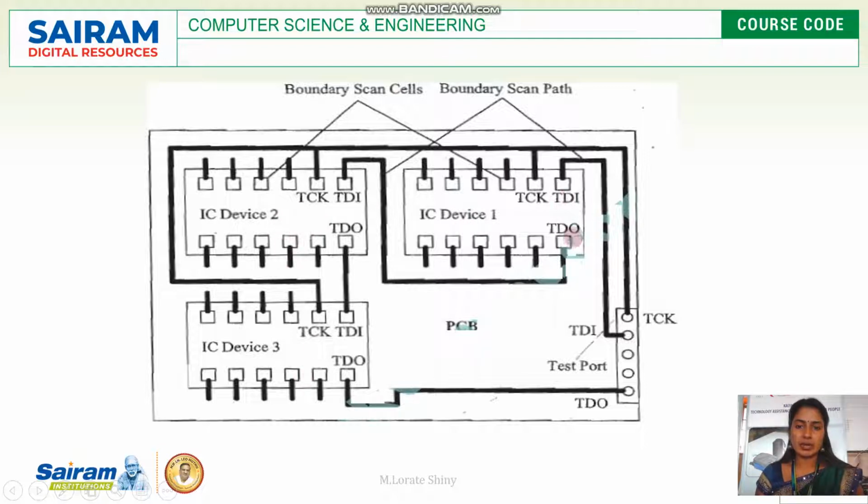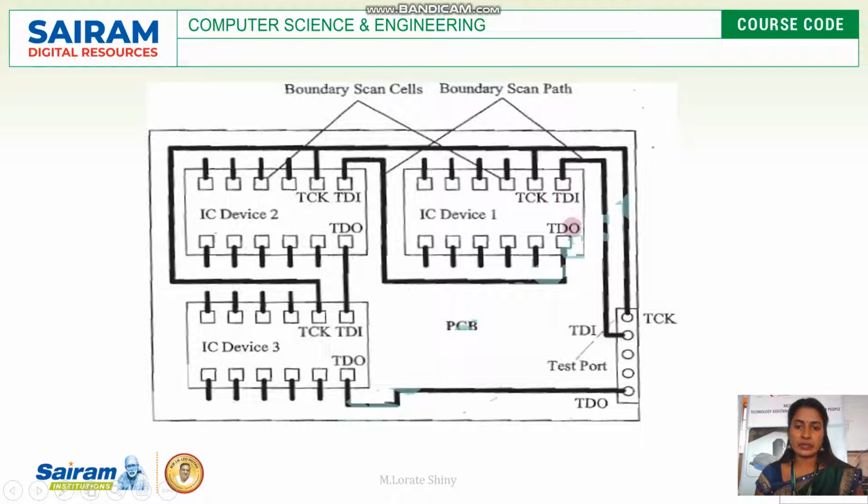As I said, all the devices will have all the 5 signals: TDI, TDO, clock signal, reset signal, and test mode select. You can see the TDI pin from the PCB board is connected with the TDI pin of device 1.